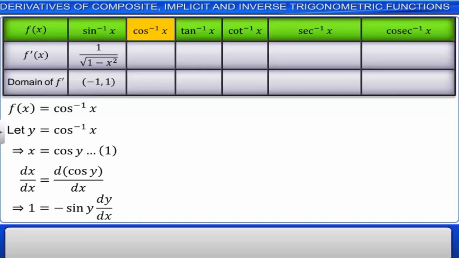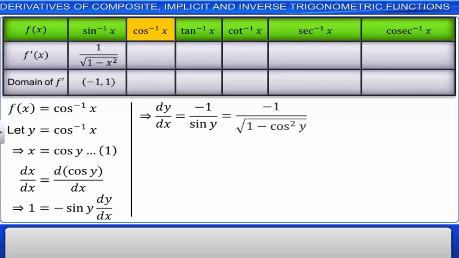This implies that dy by dx is equal to minus 1 divided by sin y. Let's write sin y is equal to the square root of 1 minus cos squared y. On replacing cos y with x, we get minus 1 divided by the square root of 1 minus x squared.